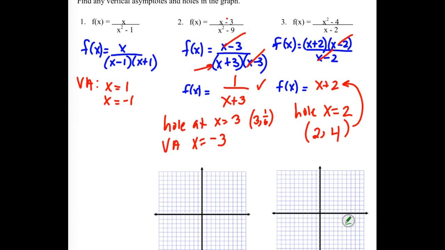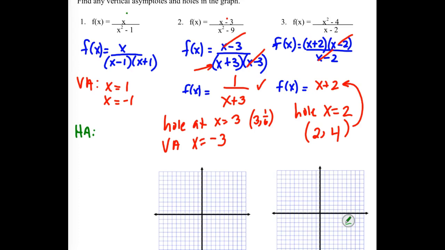Last piece here. Let's go back. Quick review for horizontal asymptotes. What is it we look for? How do we find whether there's a horizontal asymptote? Yeah, we have to analyze the degrees. So for the first one here, the degree on top is smaller or larger? Smaller.